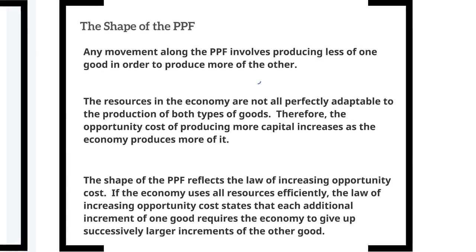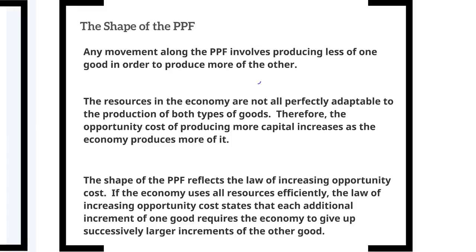So the shape of the PPF. Any movement along the PPF involves producing less of one good in order to produce more of the other. The resources in the economy are not all perfectly adaptable to the production of both types of goods. Therefore, the opportunity cost of producing more capital increases as the economy produces more of it.